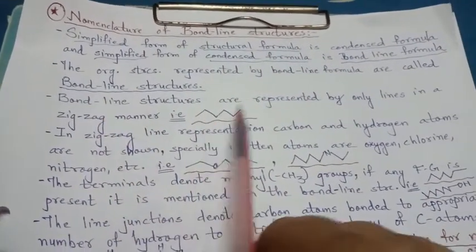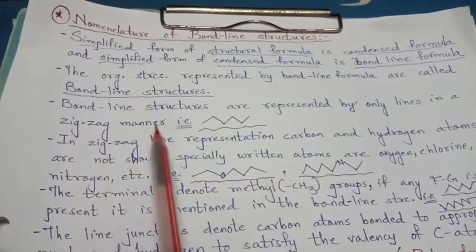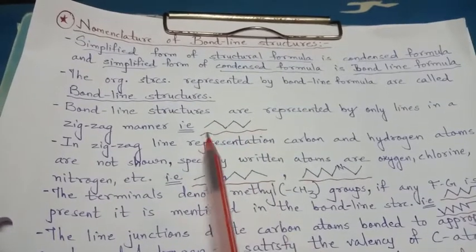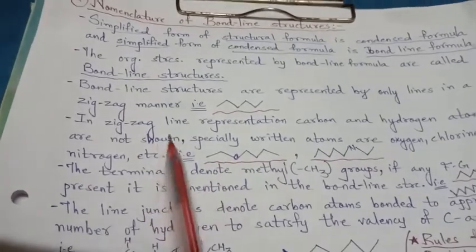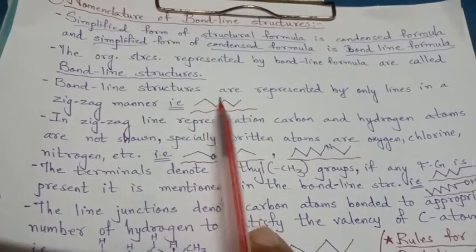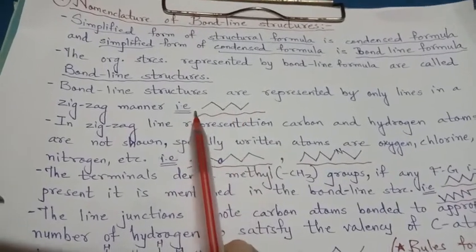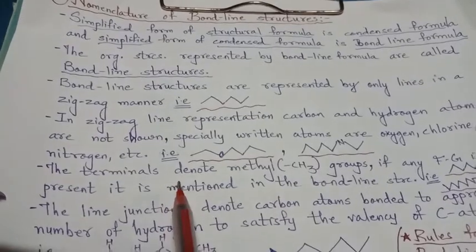Bond line structures are represented by only lines in a zigzag manner. Now in this zigzag line, carbon and hydrogen atoms are not shown. We are not writing carbon and hydrogen anywhere, just putting zigzag lines.